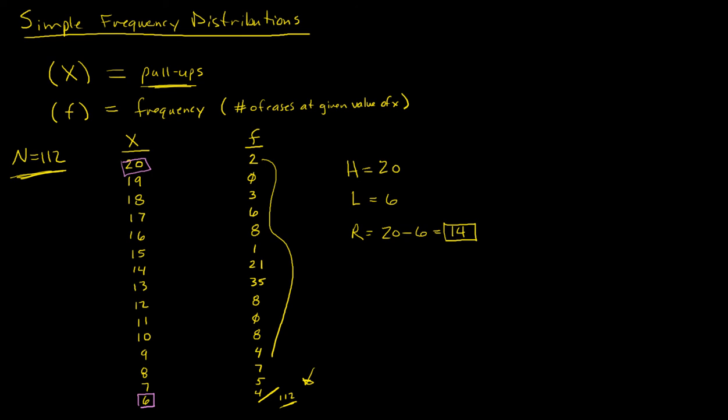The nice thing about this way of organizing the data is that if N is greater than 20, i.e. you have more than 20 cases that you're measuring, and the range is less than or equal to 20, then generally speaking this will fit on a single page of 8.5 by 11 paper, and this tends to be a good way of organizing your data.